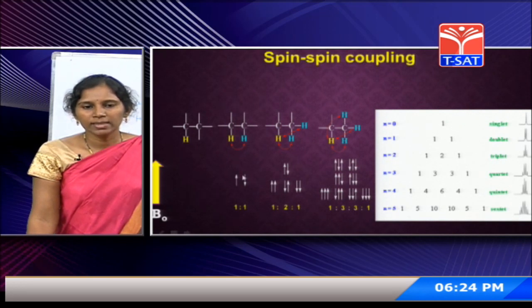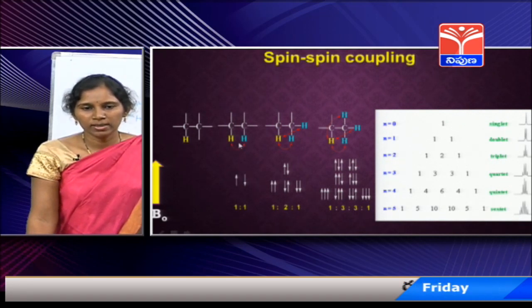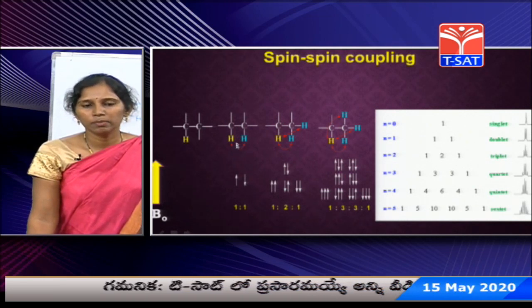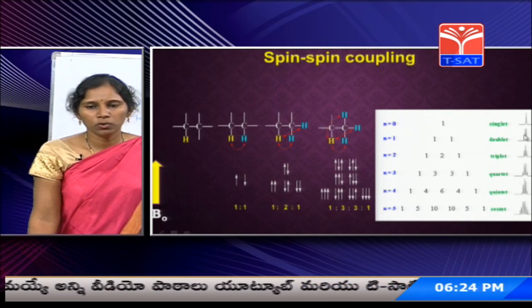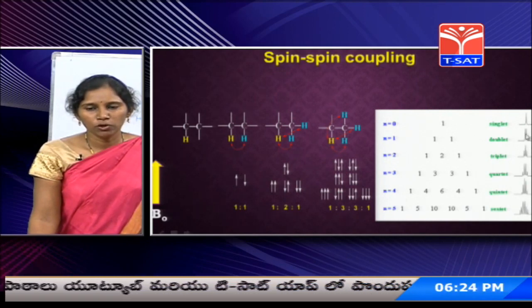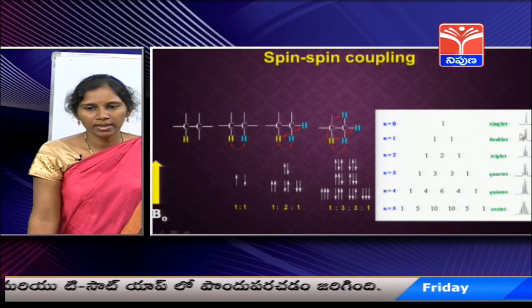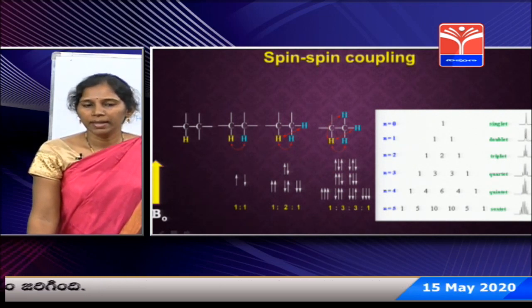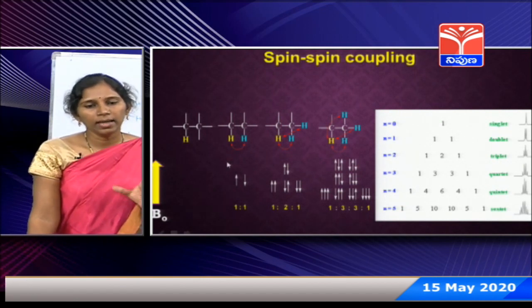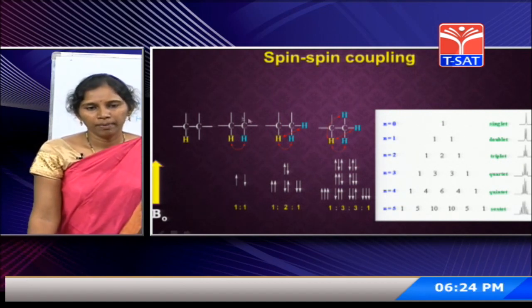In this case, it observes a field strength of 31 units, and in this case it experiences only 29. That is why it splits into 2 signals like this. This corresponds to the field strength of 29, and this corresponds to the field strength of 31. Like that, splitting takes place in the NMR spectrum because of the presence of adjacent nuclei, adjacent protons.